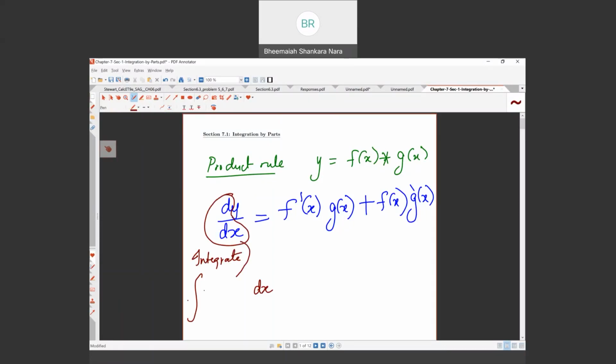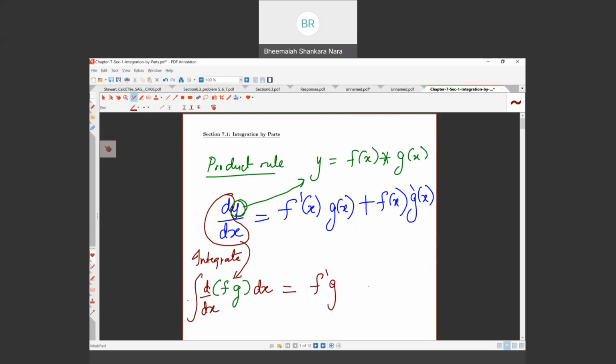And this variable y here, we are differentiating y. So this variable y, I'm going to plug in as f times g. So rather than writing y, let me write this as f times g equals, on the right hand side, I have f prime g plus f g prime.